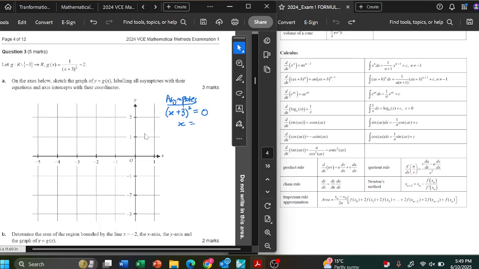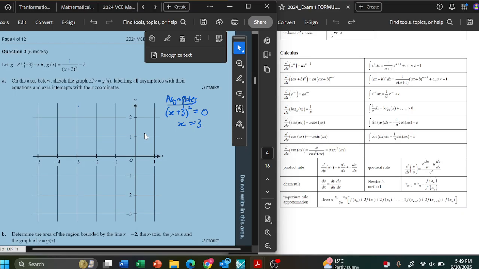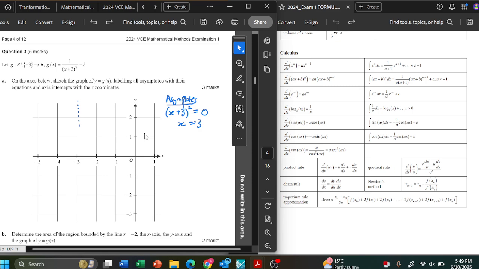That'll occur when x is equal to -3. So right off the bat, we can label it just down here. We've got our asymptote going down the line here at x equals -3.